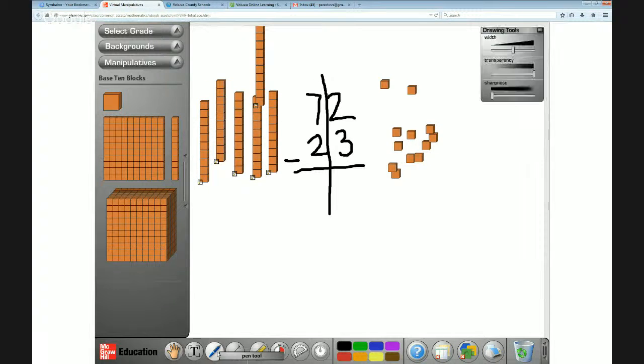So to do that, pretending like you don't have the blocks, you would just take away one of the 10s and make it 1 smaller, so now it's 6, and move that 10 over here.